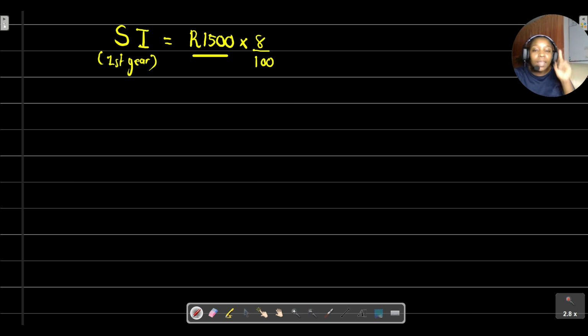You can just take that 1,500 multiplied by 8% multiplied by 3, and that is going to give us 360. So it basically means that if you invest 1,500 at a simple interest rate of 8% for 3 years, the interest that you will earn from this investment is going to be 360.